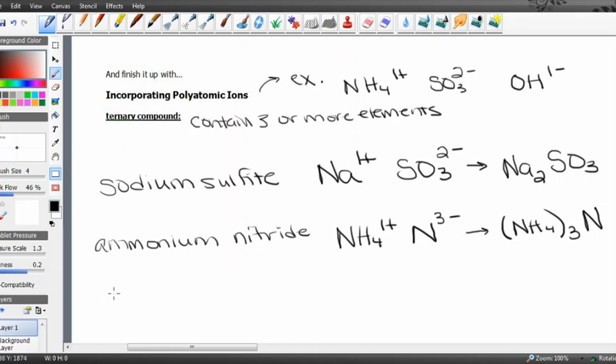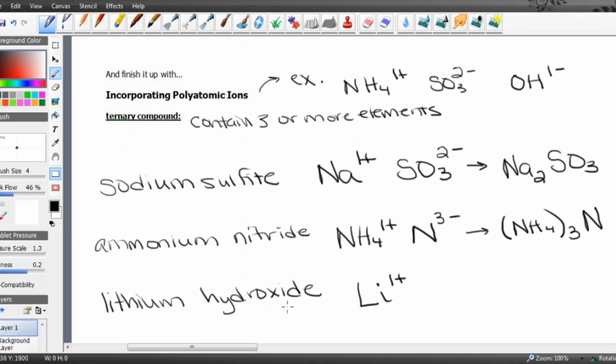All right, let's do another one. Let's say I wanted to make lithium hydroxide. Lithium is in group 1 and makes a 1 plus charge. Now, here's a tricky one.